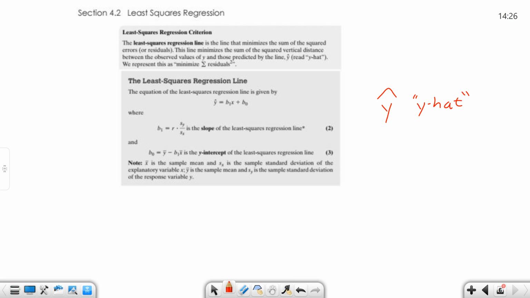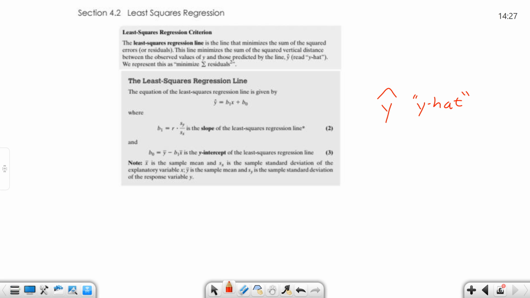Now, lucky for you, those calculators I mentioned earlier do this too. You do the linear regression line stuff, and it gives you b1 and b naught, b sub 0. We call it b naught, N-A-U-G-H-T. All right. So you can find r, b naught, b sub 1, s sub y, s sub x, all those things, and y hat, that equation.